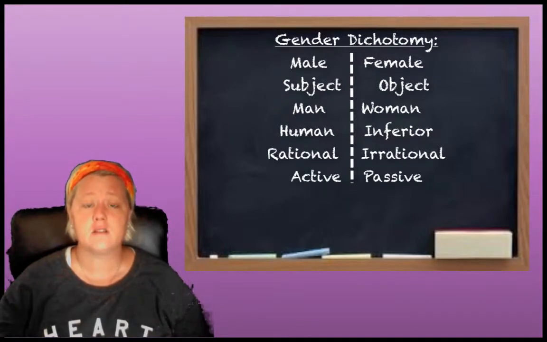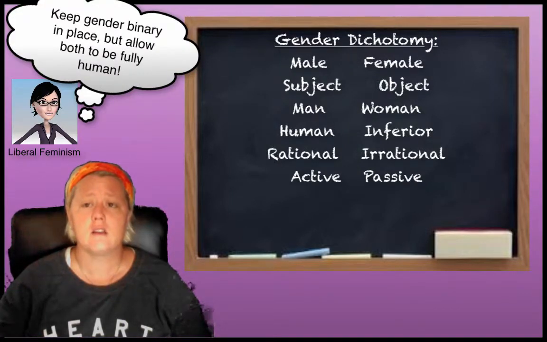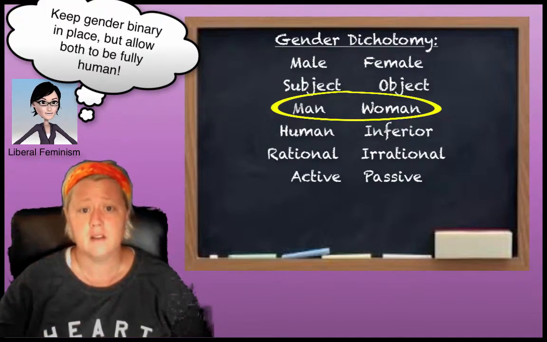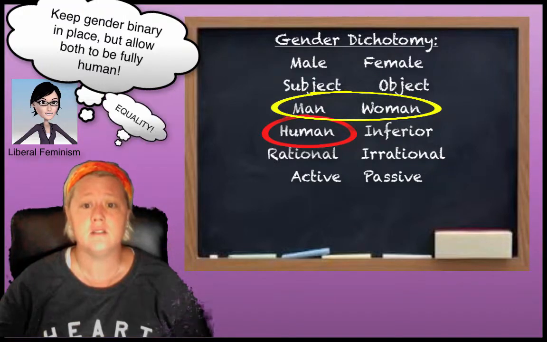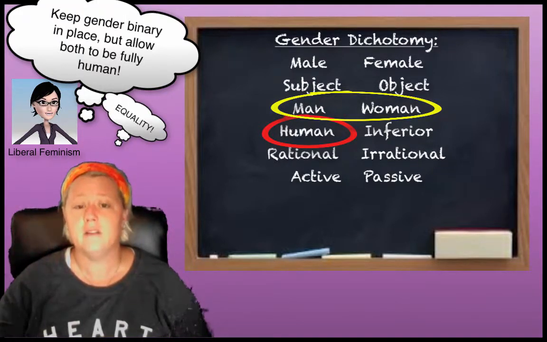Some feminists, liberal feminists, respond to this issue by claiming that there are two categories of human beings. There are men and there are women. And all people, both men and women, should be considered human. But women simply are not men.